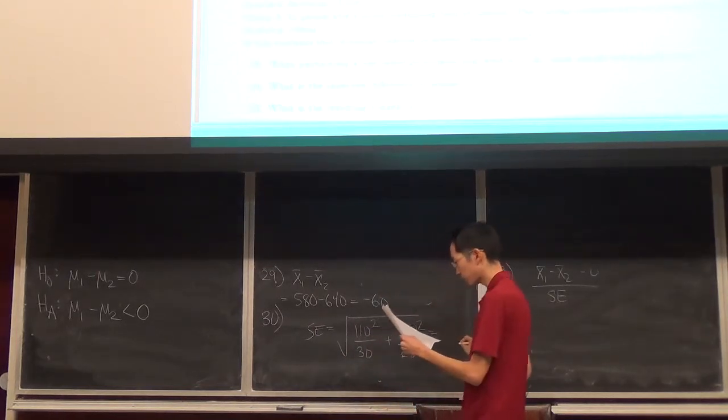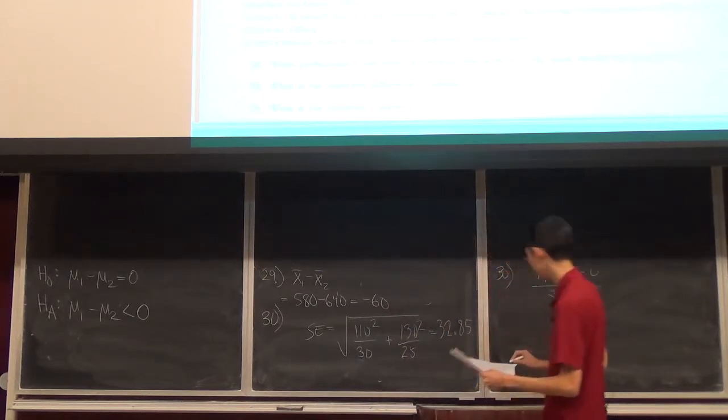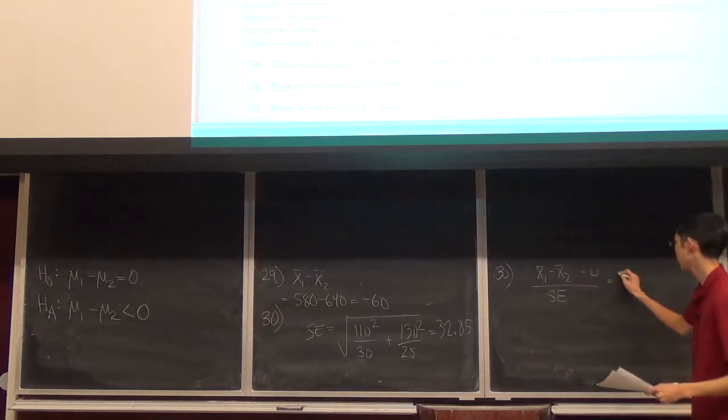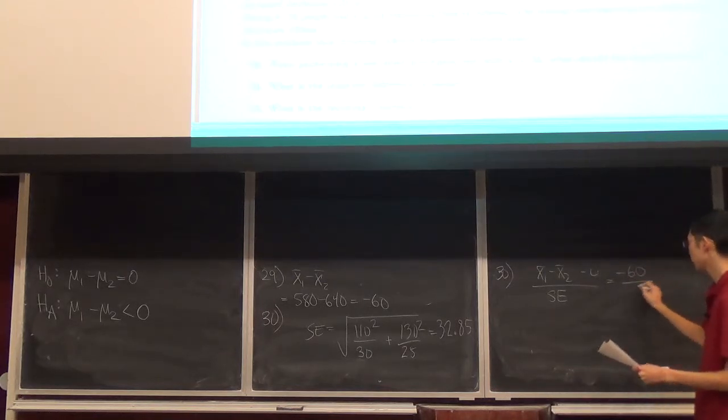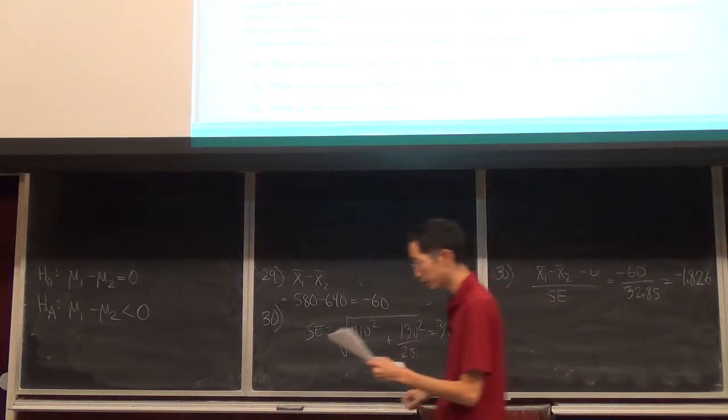I get a standard error of 32.85. So I get negative 60 over 32.85. I get negative 1.826 as my test statistic.